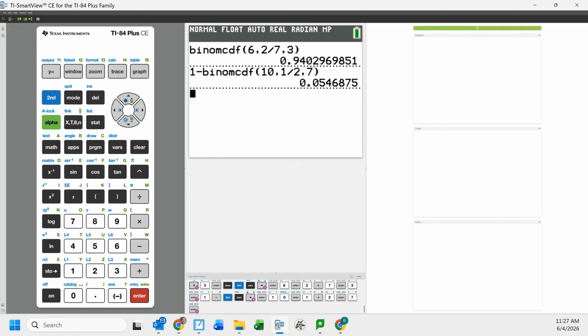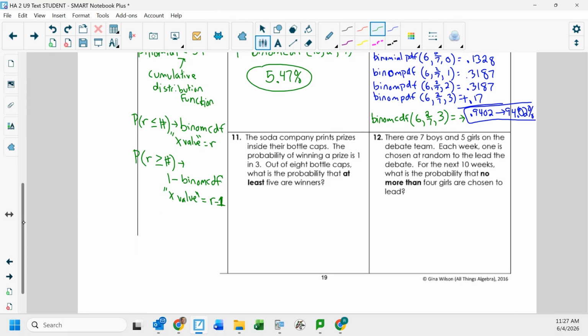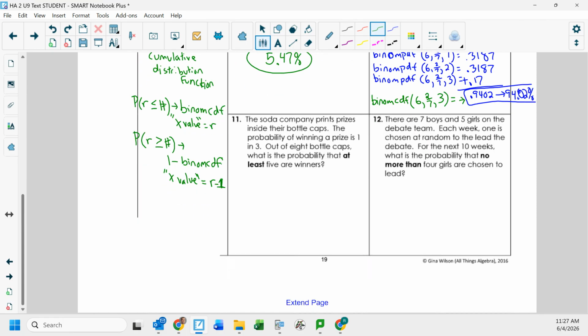I get 0.0547, so 5.47%. So again, much quicker using these CDFs than adding up multiple PDFs. All right, try 11 and 12. Pause the video if you need to.